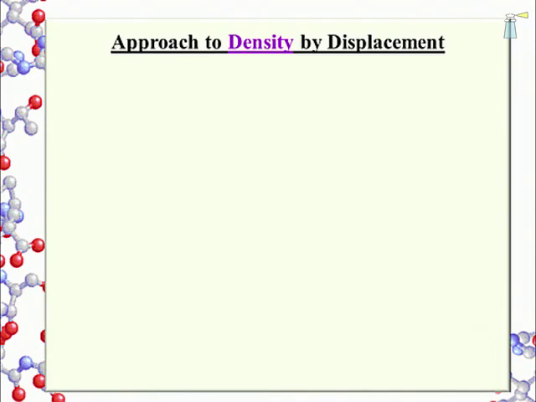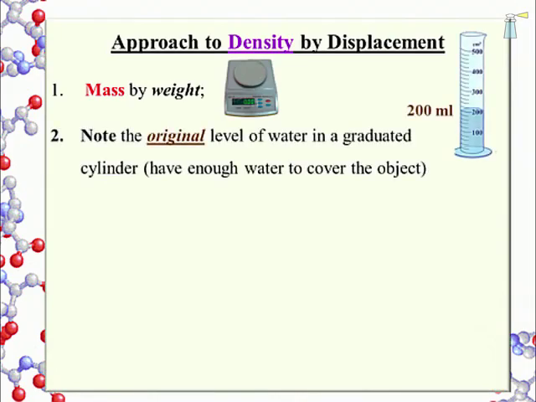Getting density by displacement can also be broken down into 6 steps. The first step is getting the mass by weighing the object on a balance. Next, add water to a graduated cylinder or such a vessel that allows the volume of the water to be measured, and note the original level of water. Be sure to add enough water to submerge the object completely.